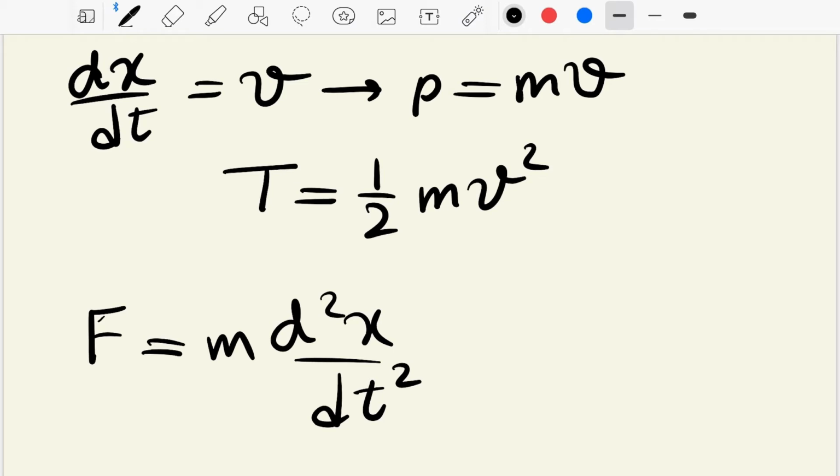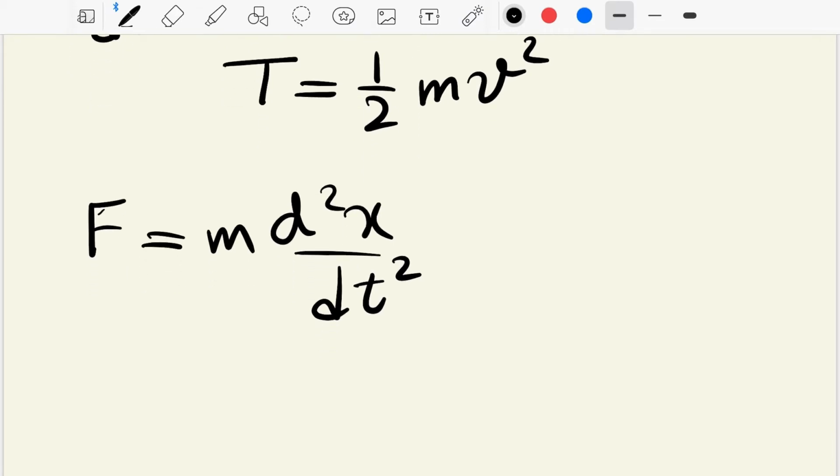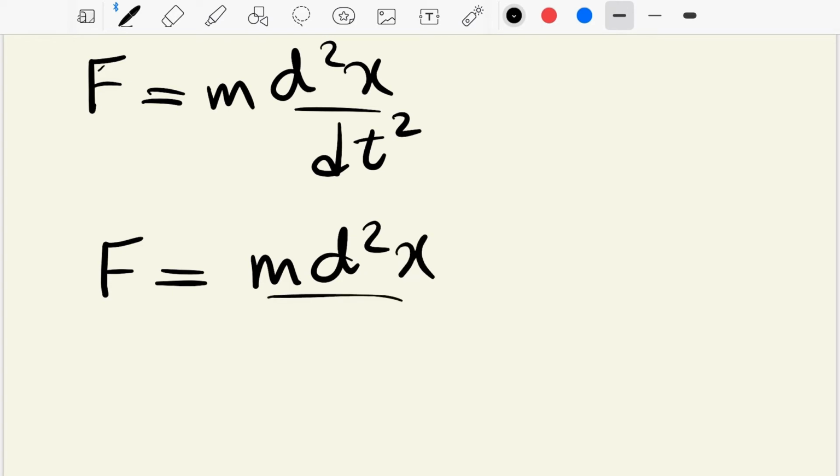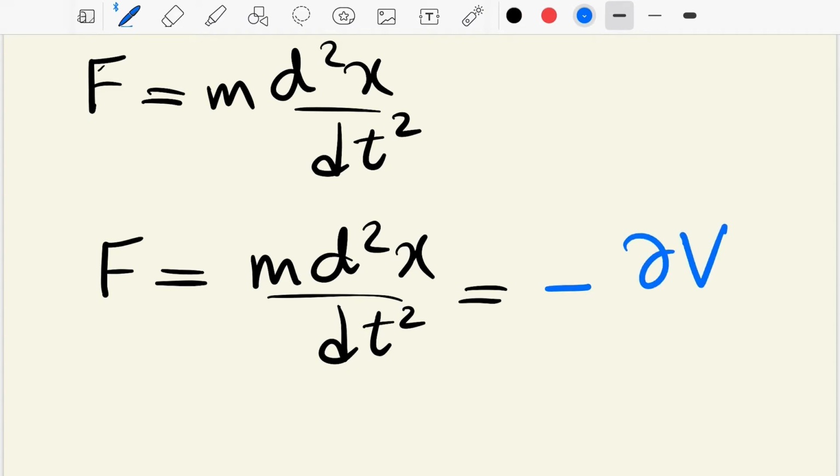For microscopic systems or low dimensional systems, we only deal with conservative forces. So for those forces, we can define a potential energy, and in that case, we can simplify the Newton equation like this: m d squared x over dt squared equals minus the partial derivative of the potential energy with respect to x.